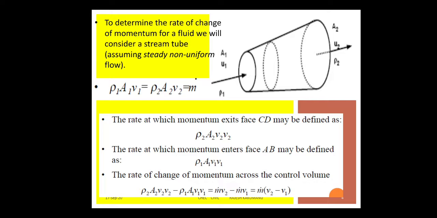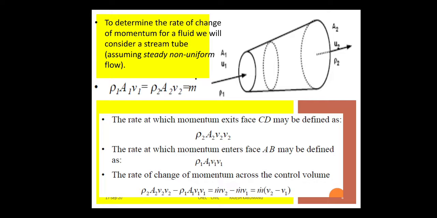Now the rate at which momentum enters at face AB is rho 1 A1 V1 into V1, that is m into V1.